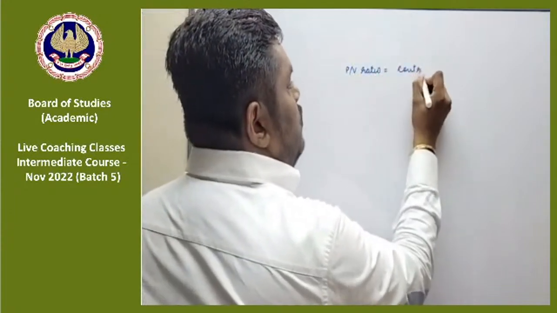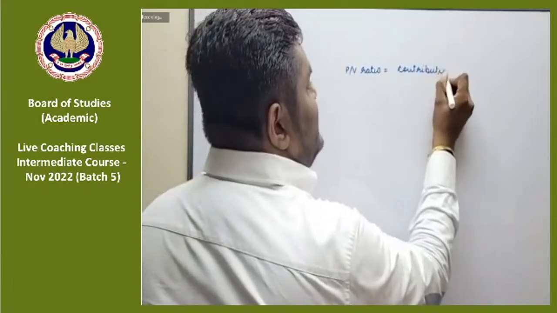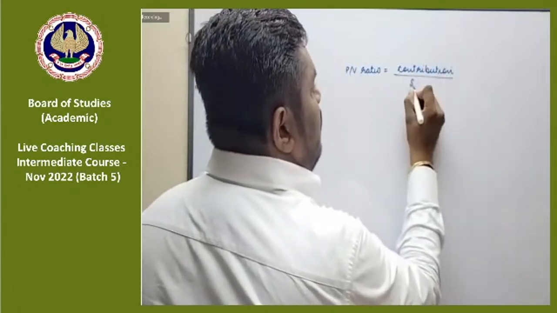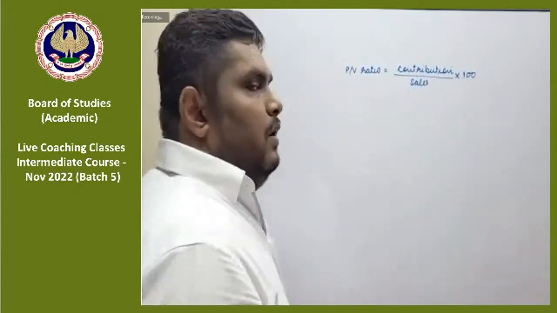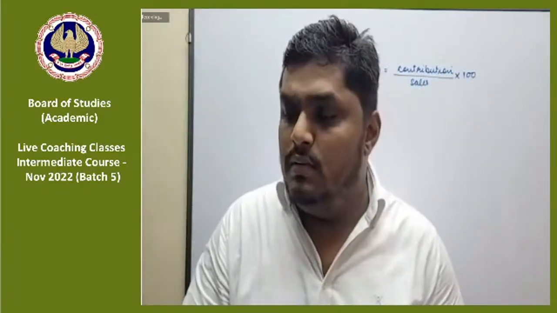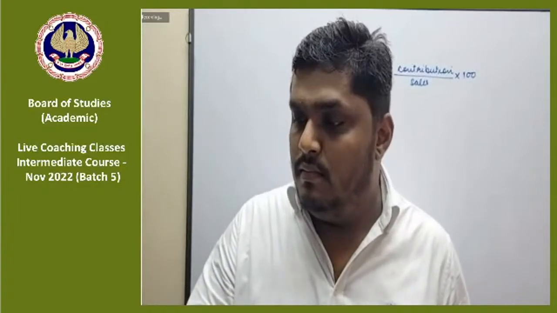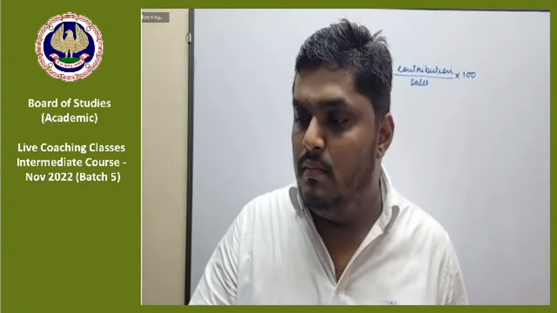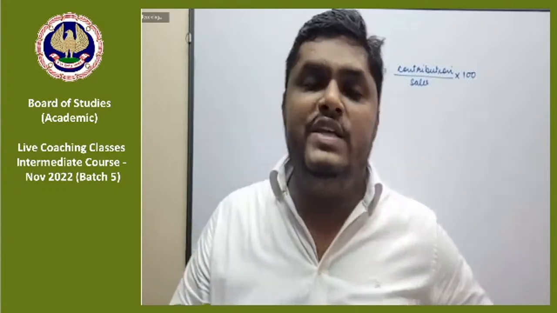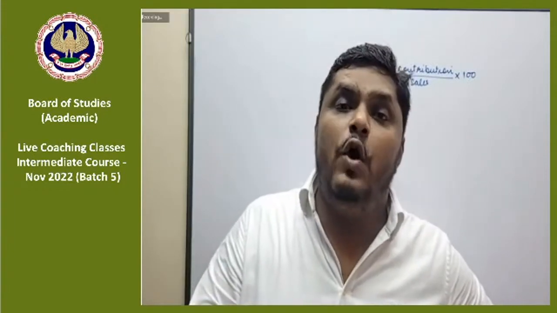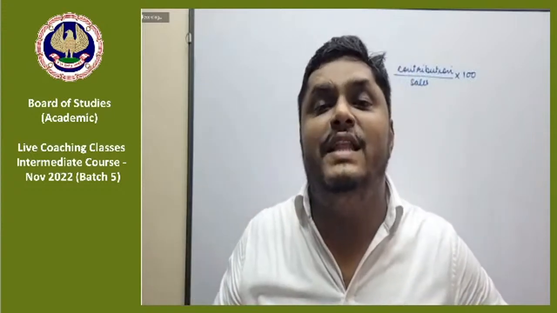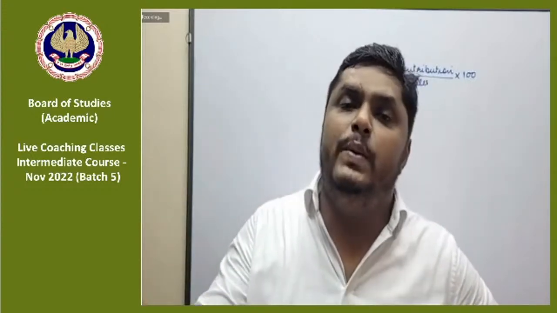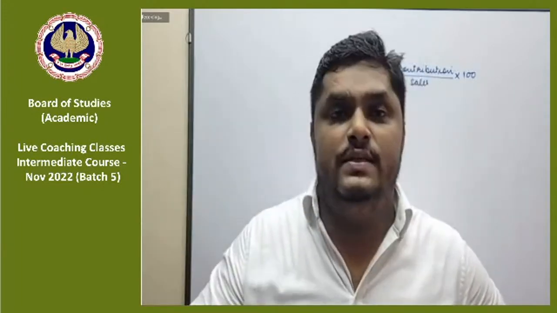We discussed it as contribution divided by sales into 100. PV ratio shows us the percentage of contribution to sales. हमारा contribution जो है, हमारी sales का कितना percentage, shows the relationship between contribution to sales.